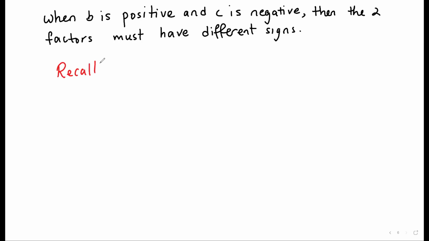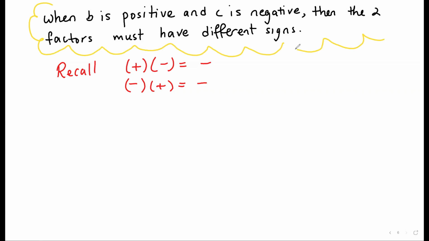Recall that a positive by a negative gives you a negative, and a negative by a positive also gives you a negative. Before we said that if C is positive and B is negative, then both signs have to be negative. But when B is positive and C is negative, the two factors have different signs.